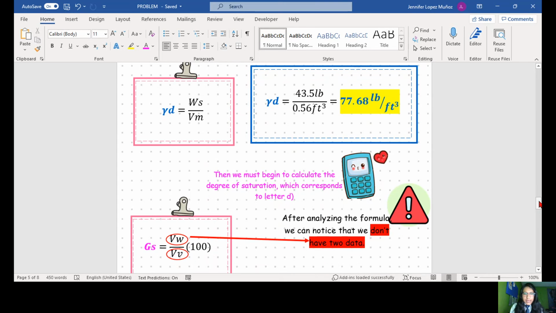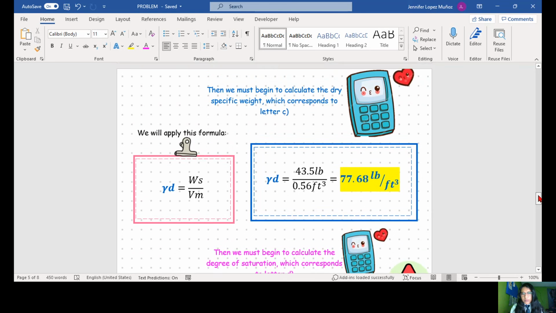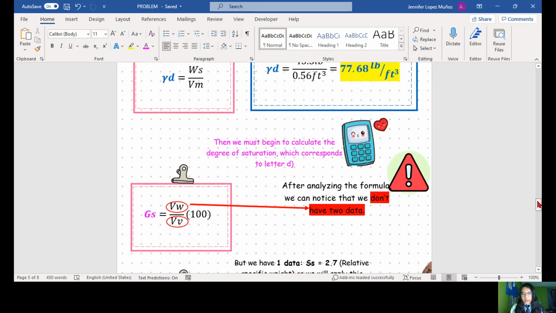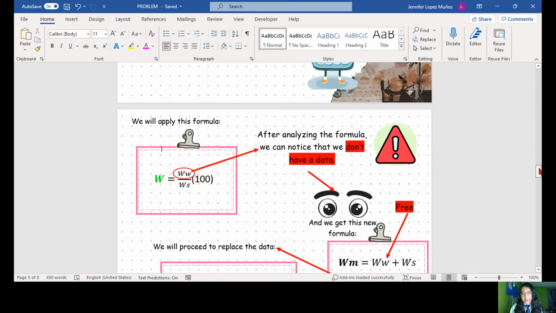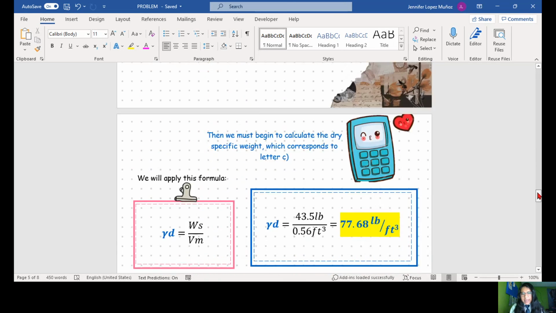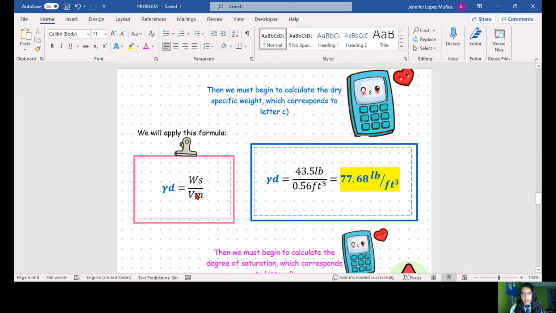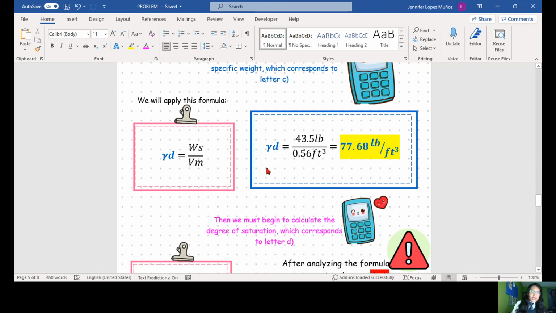The dry specific gravity equals solid weight divided by sample volume. And to replace the data in the formula, the dry specific gravity equals solid weight.